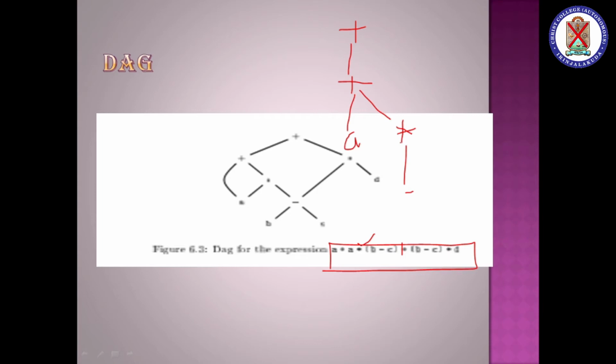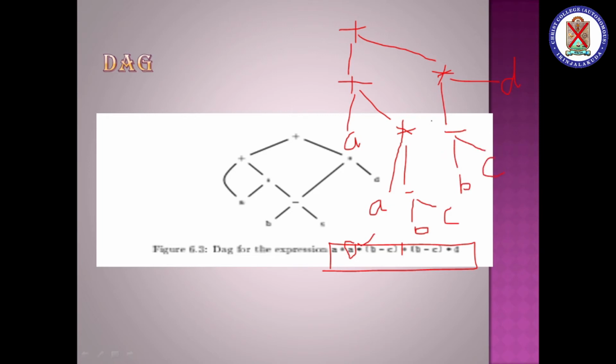So from here we have drawn this A, then minus, then B, C. We have completed our left hand side. Then we can move to the right hand side. So plus, then here star is to be represented. So star, then D will come. Next it will be minus, next it will be B, C.